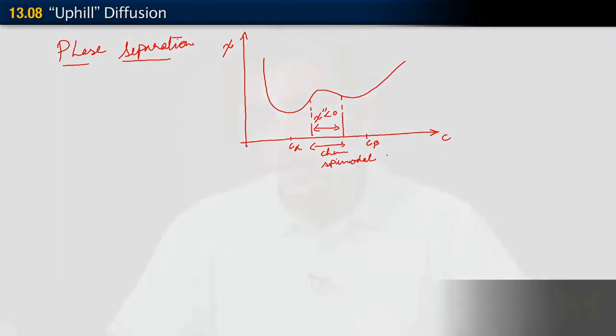All right. And I demonstrated in 1D how this happens. We looked at what the presence of this chemical spinodal does for our constitutive relation for mass flux, how it causes uphill diffusion, or uphill transport, sorry.